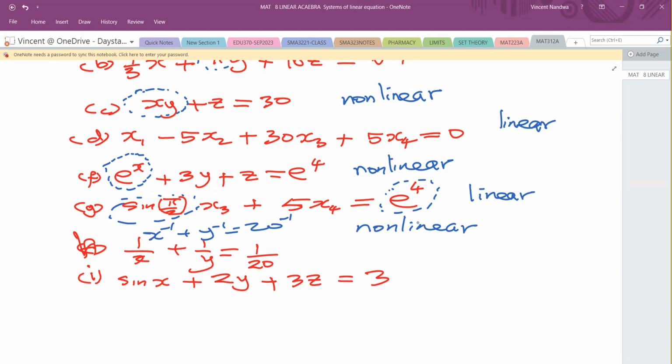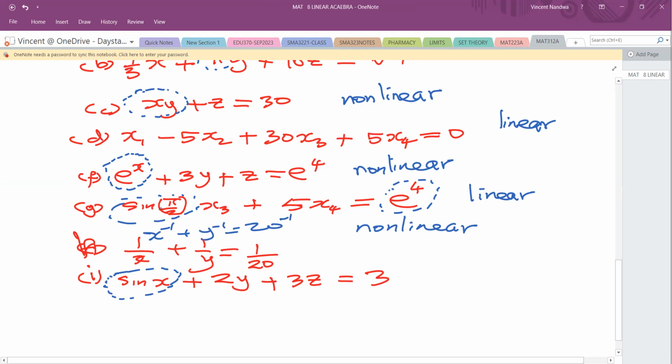Linear. Why? Is a sine function a linear function? Remember, this is defining the sine of the variable x. Here it is sine x, where x is a variable.